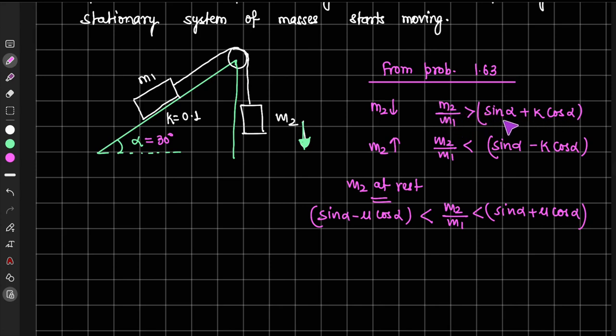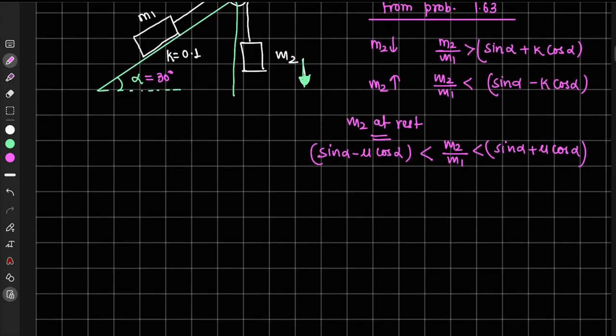If this expression is less than m2 upon m1, then m2 is going in the downward direction, and if it is greater than m2 upon m1, then m2 is going in the upward direction. If neither condition is satisfied, then m2 will be at rest; it cannot move.